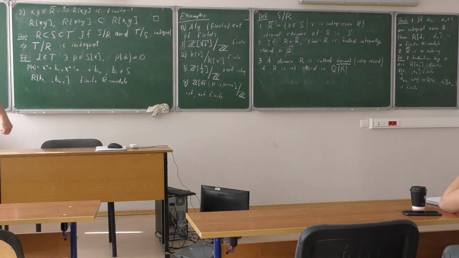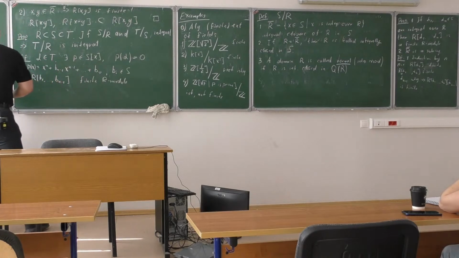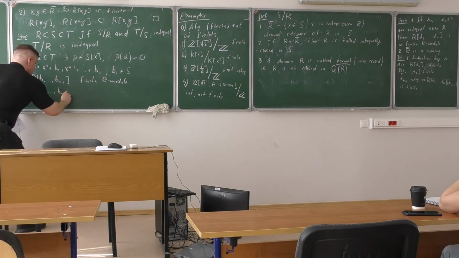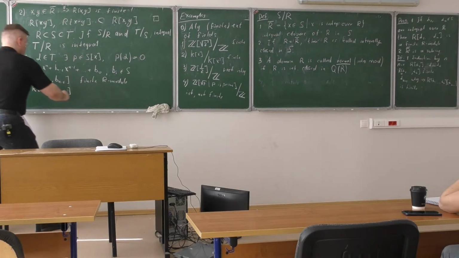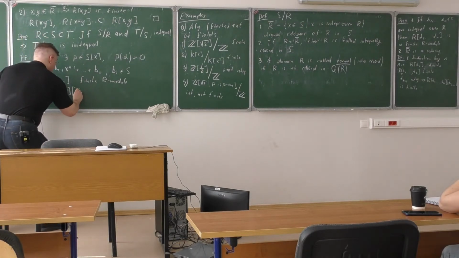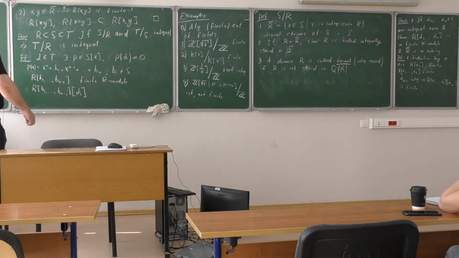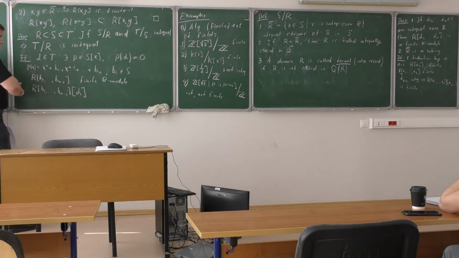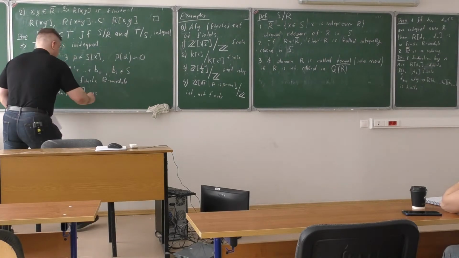So all these bi's are integral over R. Okay, so now I consider R with all these b's as before, and I also want to add element alpha additionally. Well, clearly this element alpha is integral over this ring. So this module is again finite.